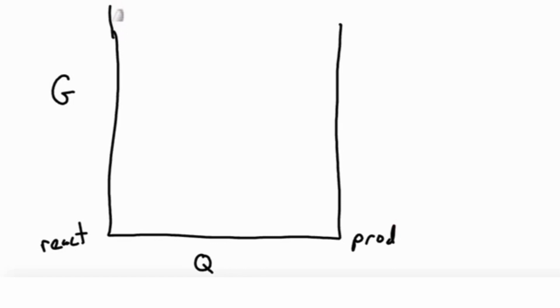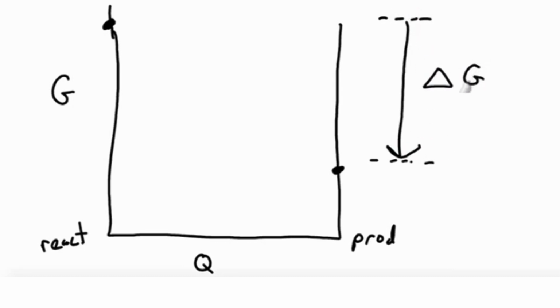And the reaction we did just now has a very negative delta G standard, and that's this number. The difference between pure products and reactants.